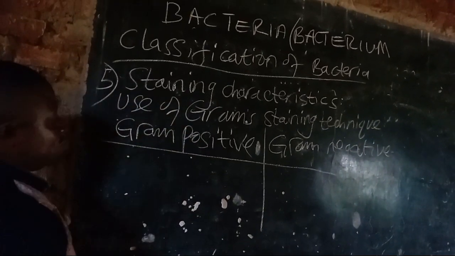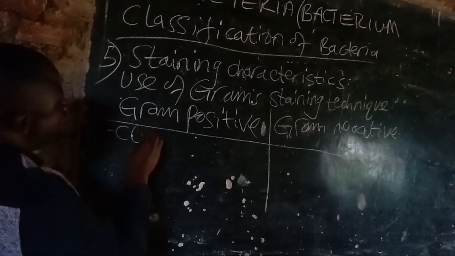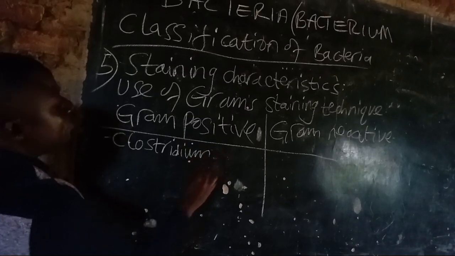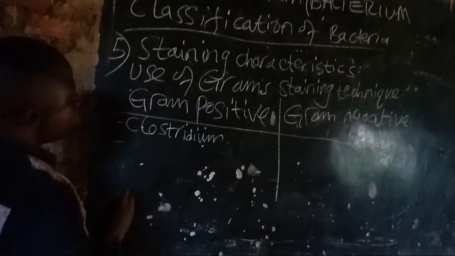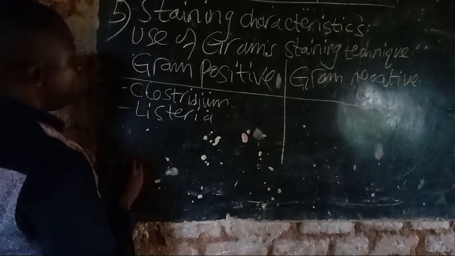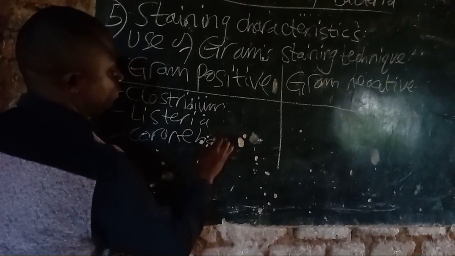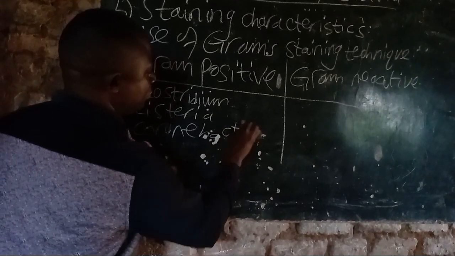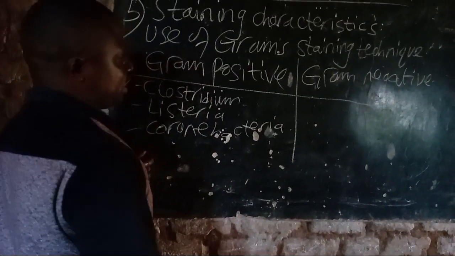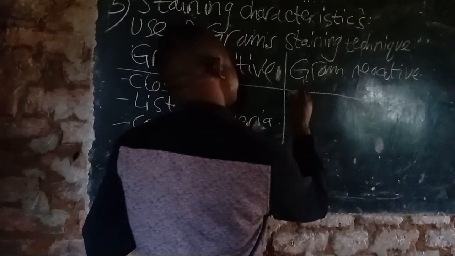So here there are some examples. The first here we have the Clostridium, we have the Listeria, and here we have bacteria like these. These are some of the examples. Then here are some examples like the Klebsiella.